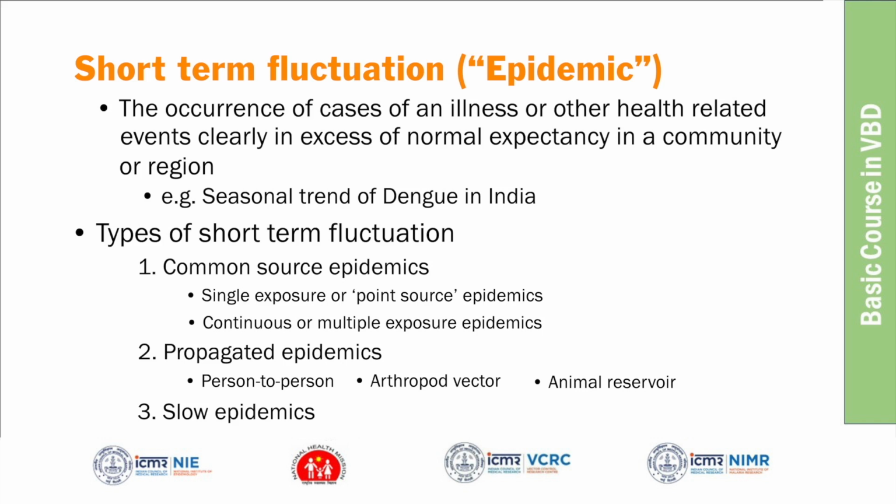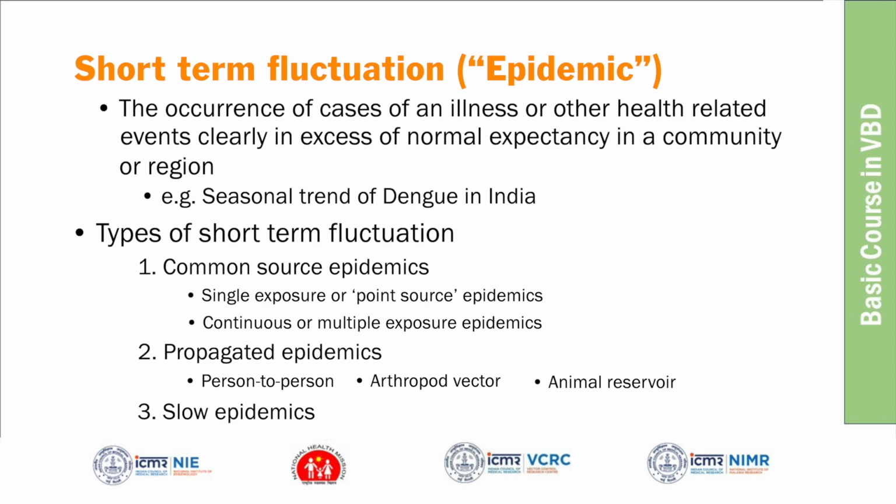Especially this group, you might be well aware about in your local community, in what are all the months the cases of malaria will be high, or the dengue will be high, or any enteritis kind of diseases will be high. So it could be evident, the high number of cases in a particular time duration. Example, seasonal trend of dengue in India.